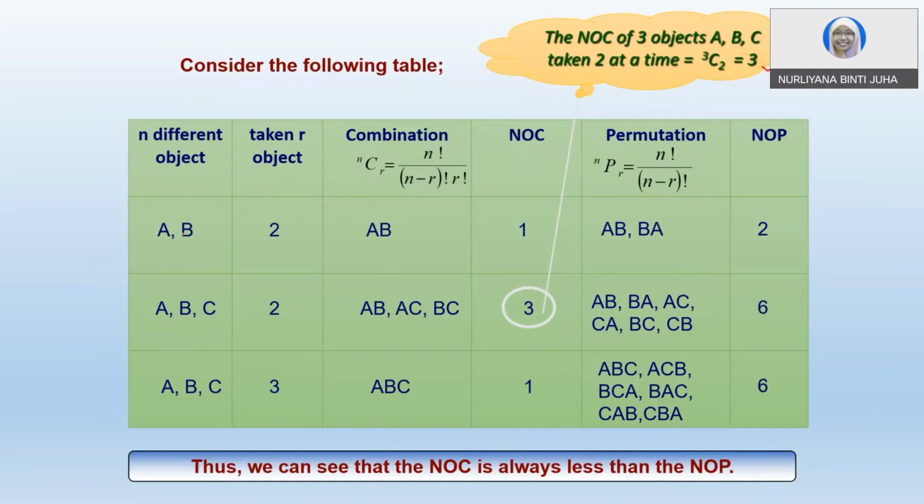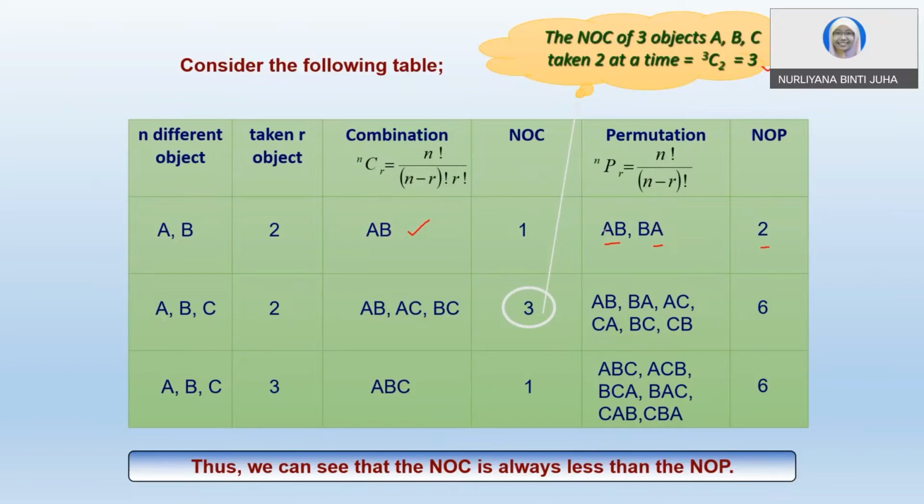So tiada option lain lah. Yang you ada cuma AB. That's why you get this AB. So the number of combinations is 1. Ada satu sahaja. But the number of permutations is AB and BA. Ada dua number of permutations. See, you can see the difference now. Untuk combination, dia cuma consider ni sebagai satu.